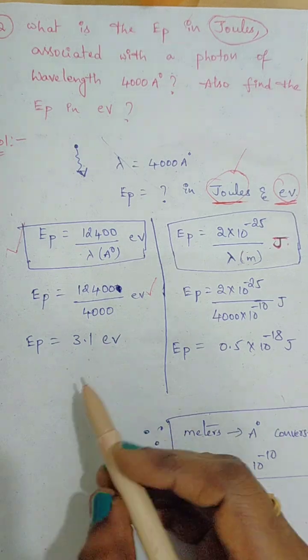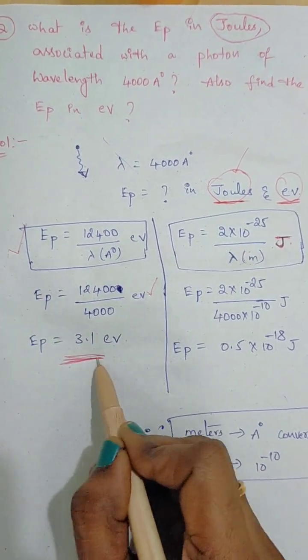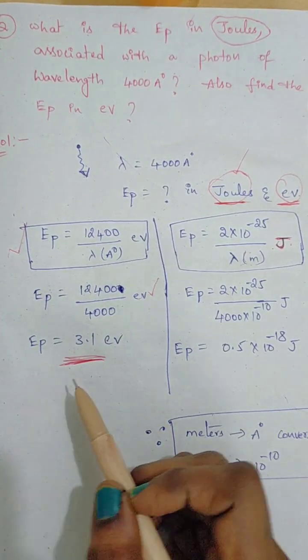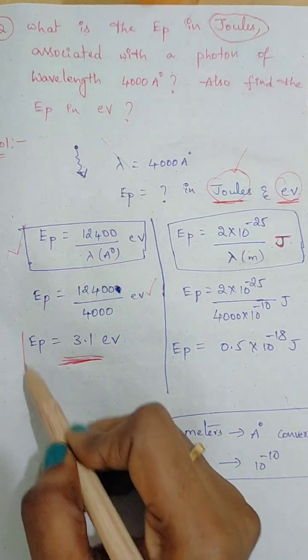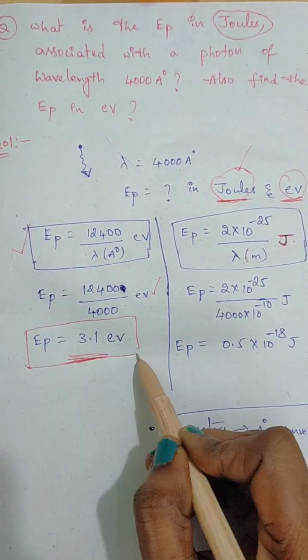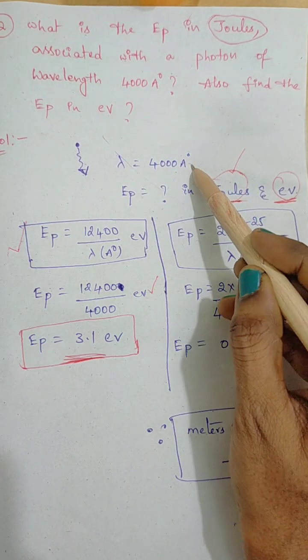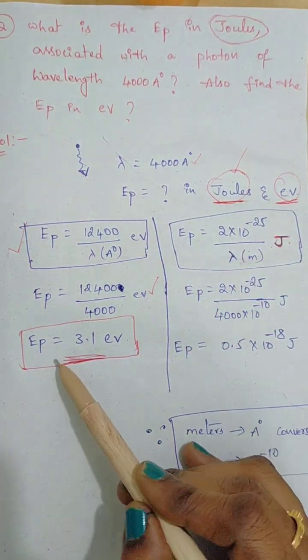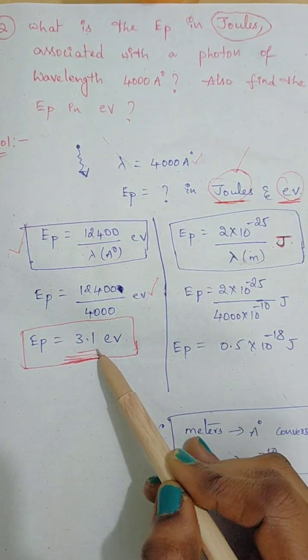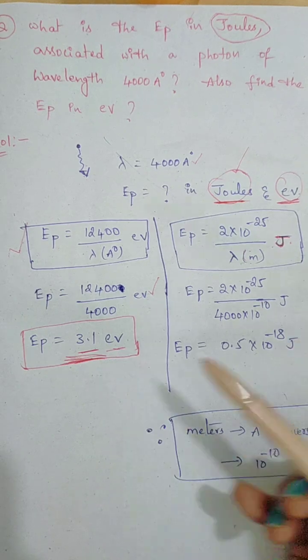So the solution is 3.1 electron volts. This is the energy of a single photon. Whenever they give 4000 angstroms, the energy of the photon is 3.1 electron volts.